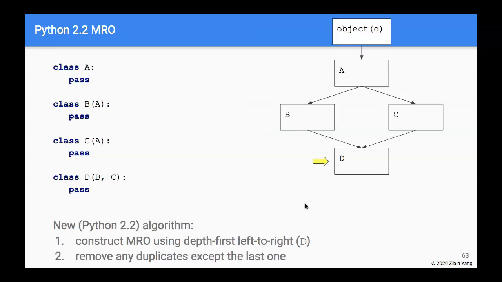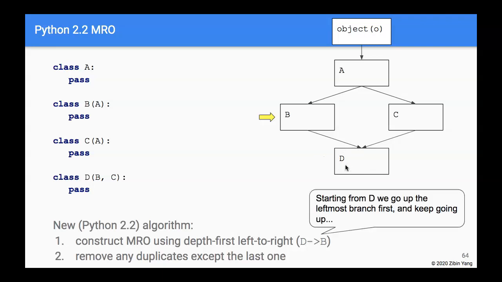So Python 2.2 has a new algorithm for MRO. Well, it is actually the same old algorithm with a twist at the end. Let's see how it works. We're trying to figure out the MRO for class D. We start with D, and then it goes up just like before on the leftmost branch.